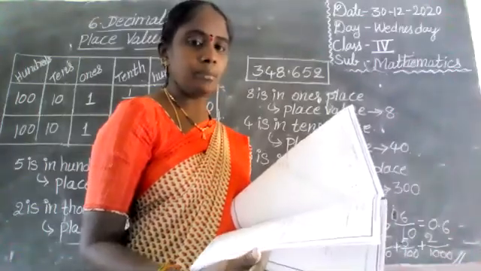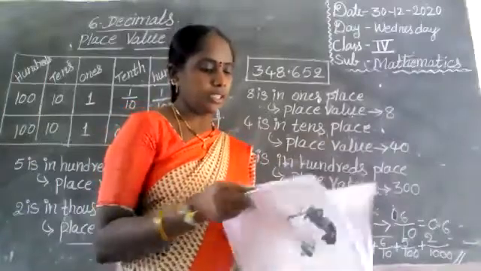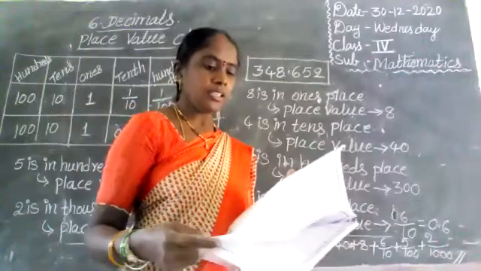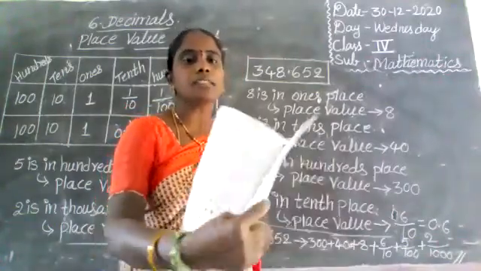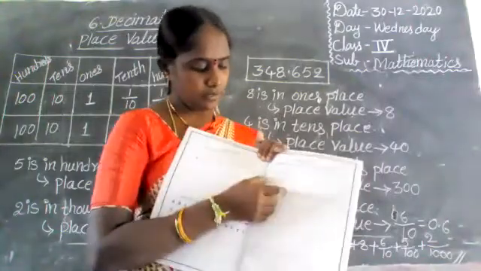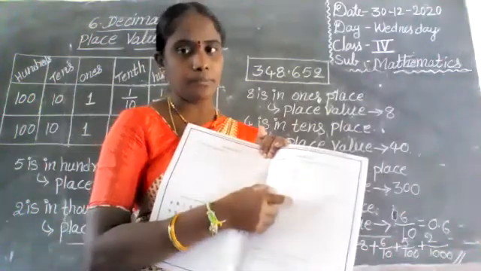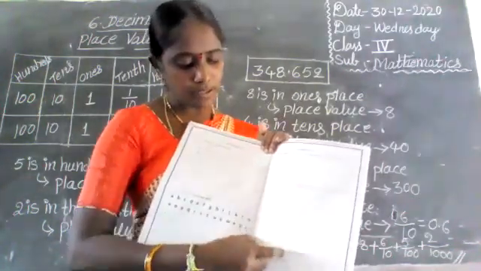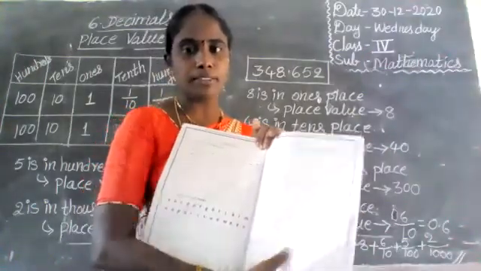Next, day 2: place values of numbers are given. Just write the place value of numbers, like what is the place value of 3, or of 6 in the given number. Complete it for the remaining numbers also.